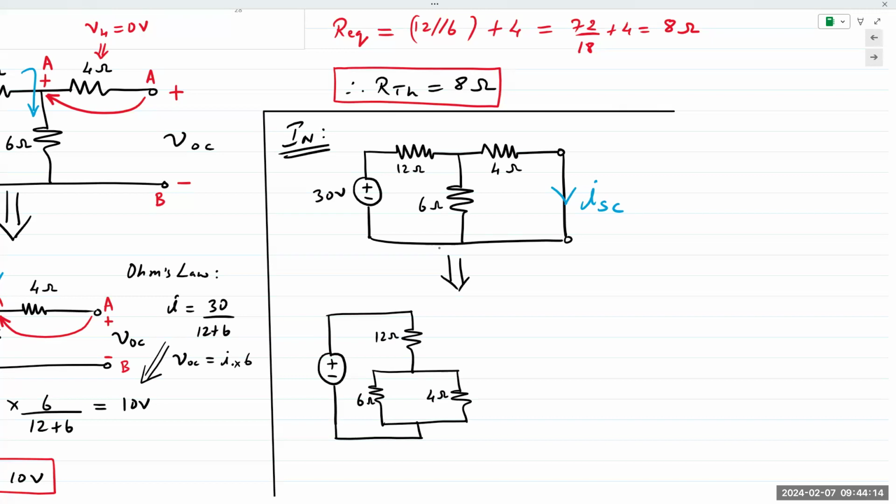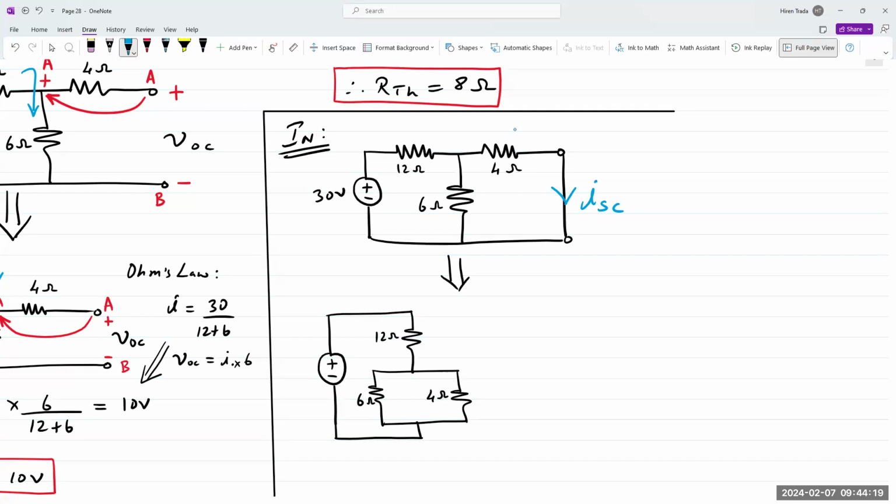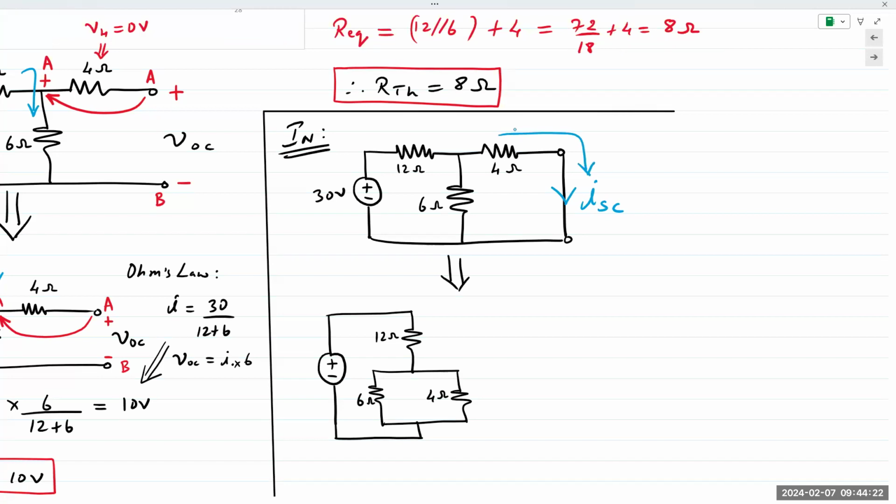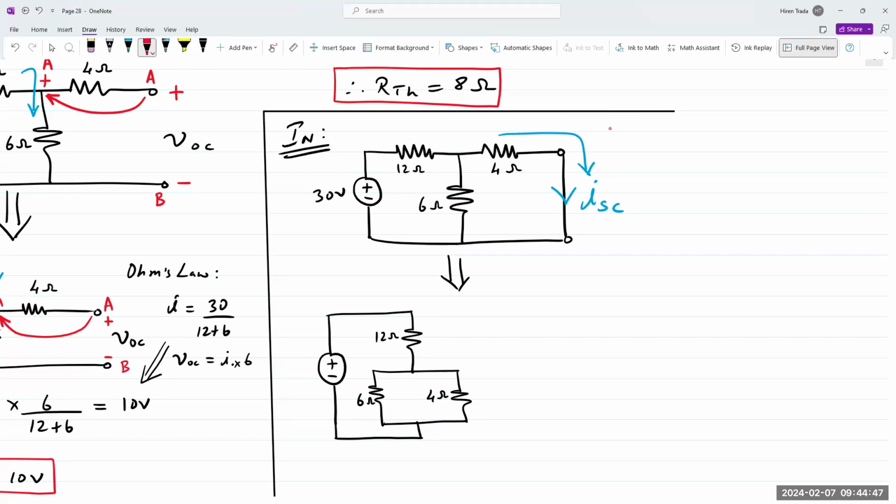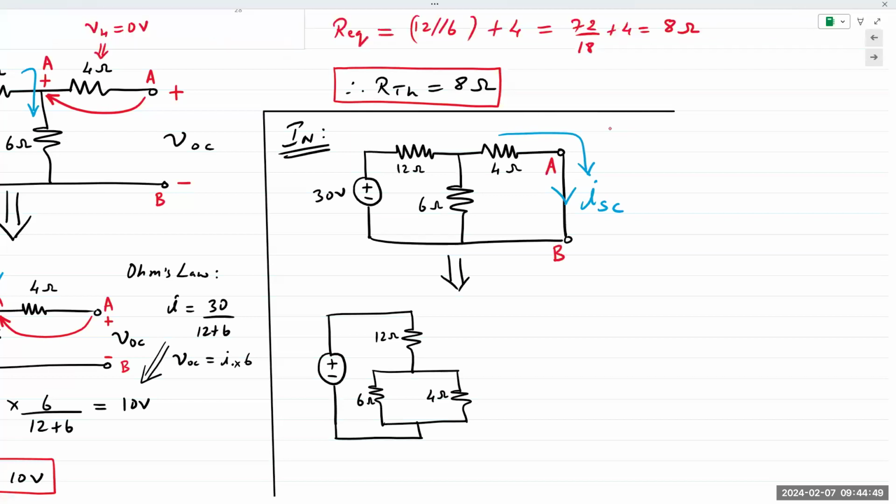And I need to find the current ISC. If you look at ISC and you extend the arrow, what do we see? ISC, the short circuit current between the terminals, is the current that is flowing through the 4 ohm resistor. Does everybody see that? ISC flowing between A and B is the current that is flowing through the 4 ohm resistor. So this is A, this is B.